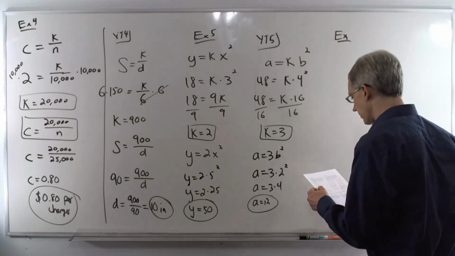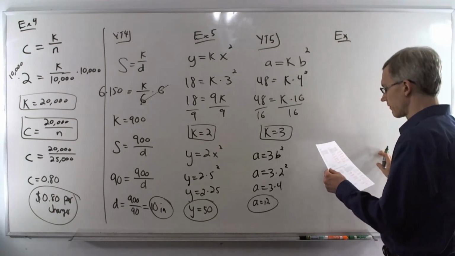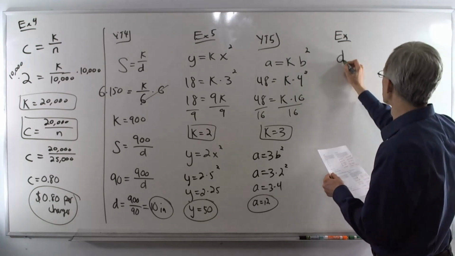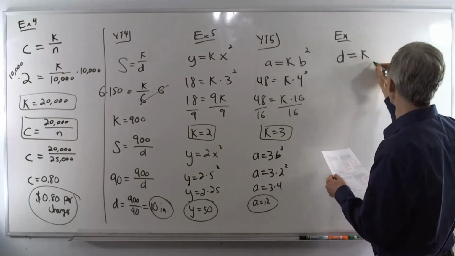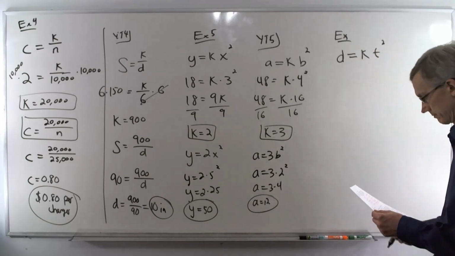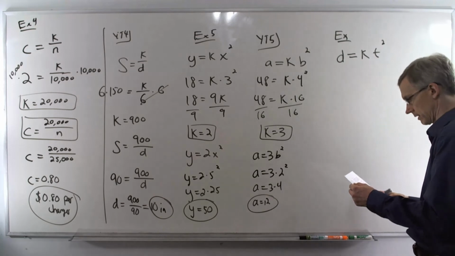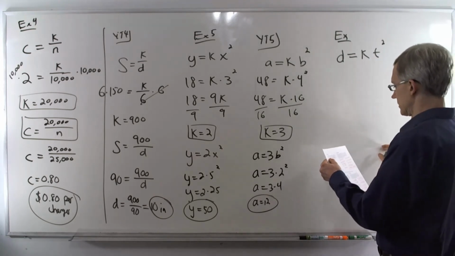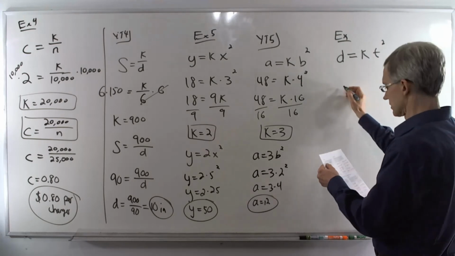All right, next example. The distance the ball falls varies directly with the square of the time. So distance varies directly with the square of the time. D equals kt squared. The ball falls 144 feet in 3 seconds. So distance is 144.